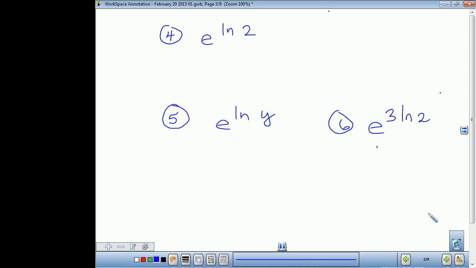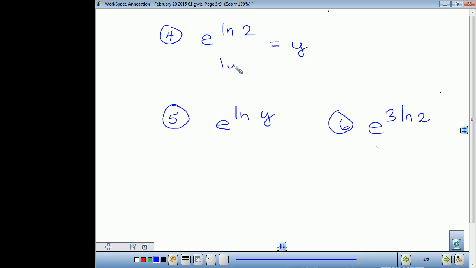All right, this one's a little different, but it's not hard. What do you think the answer is before we start? You're right. The answer is 2, but now let's figure out why. Let's just set it equal to some variable, then let's switch forms. So the natural log, we're switching forms.